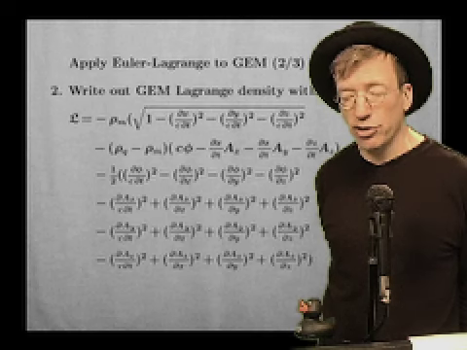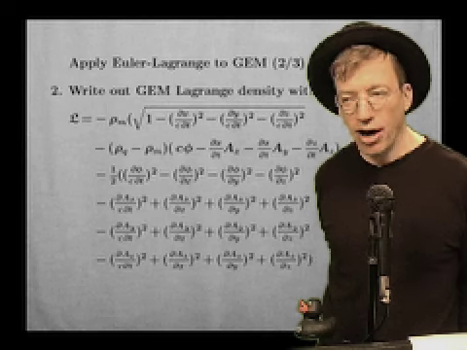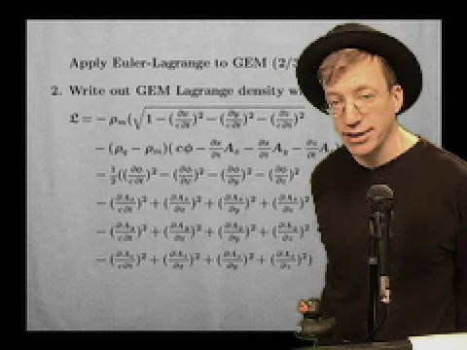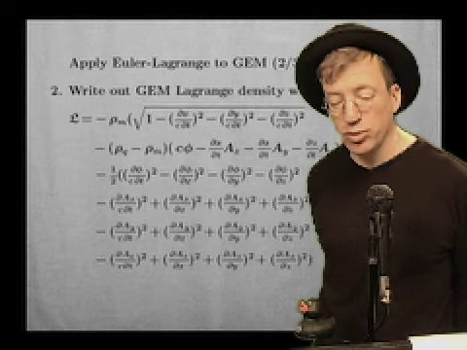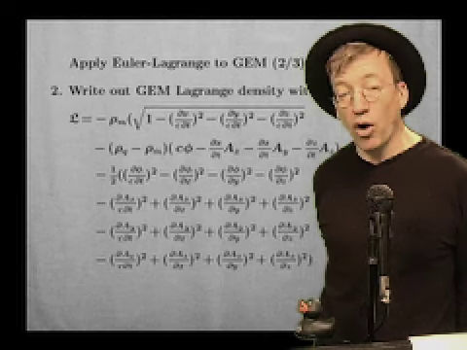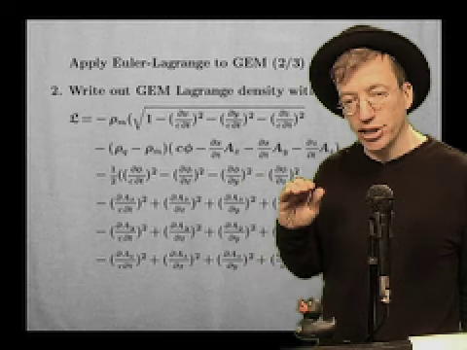Remember, in the Euler-Lagrange formula, we take derivatives of this thing with respect to phi, with respect to A_x, with respect to A_y, A_z. So when we do that, we're going to get back those charges.